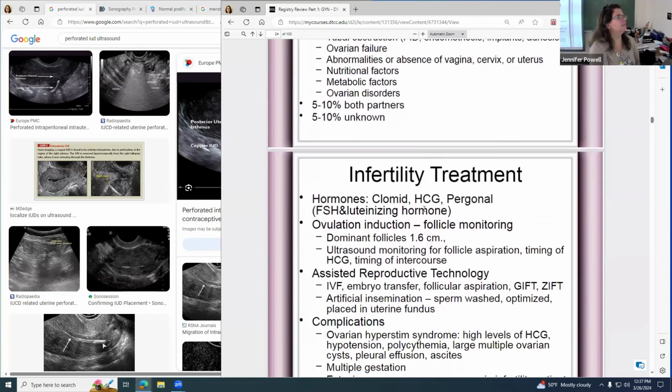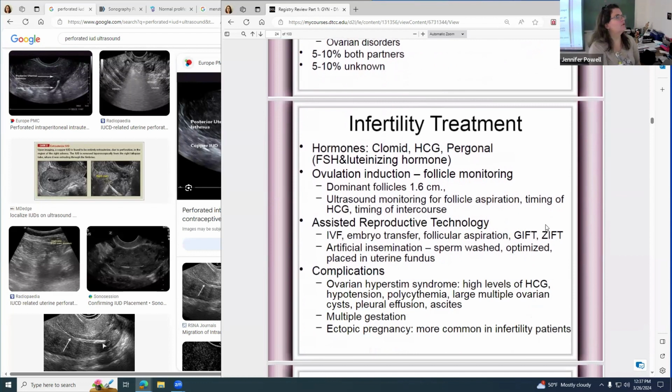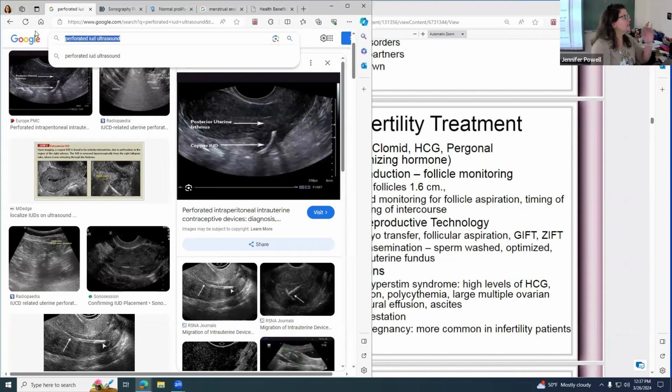Infertility treatment includes hormones, Clomid, HCG, Pergonal, which is FSH and luteinizing hormone, ovulation induction, follicle monitoring. Dominant follicles should measure 1.6 centimeters. Ultrasound monitoring for follicle aspiration, timing of HCG, timing of intercourse. So they can actually harvest the eggs.